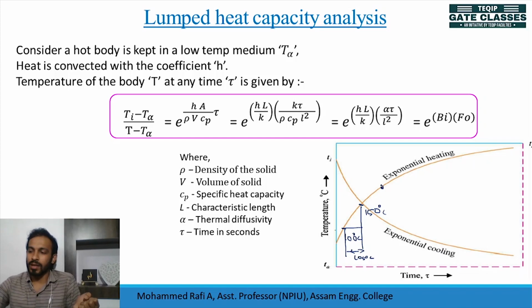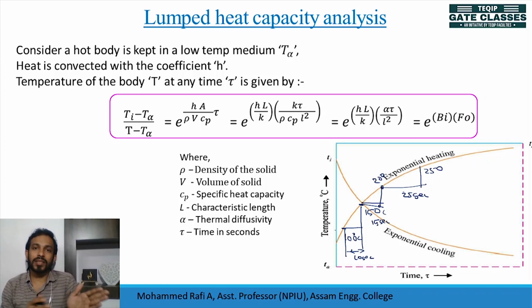Now, if I start recording the temperature and the time it took to reach that temperature, say from 150 to 200, then if this distance is 10 seconds, it will be 15 seconds. Or if I go from 150 to 200 or 250, then it will be 25 seconds.